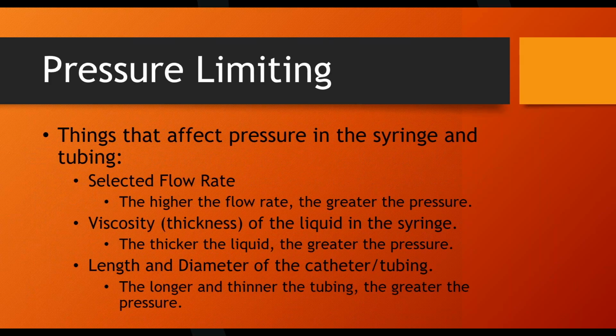Things that affect pressure, like I said, the major thing that affects pressure is the flow rate, the speed of the injection. The other thing that can affect it, with a smaller effect, is viscosity, or the thickness of the fluid. Contrast fluid, while it is all clear, is very thin, but it's not as thin as water.